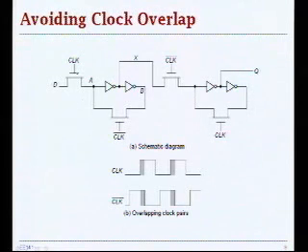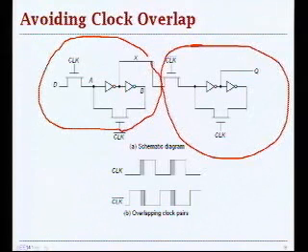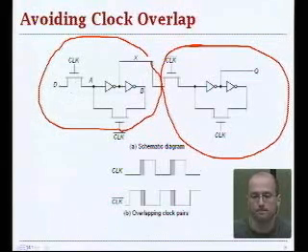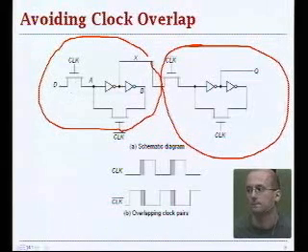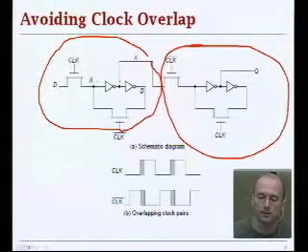So what happens over here is, let's first analyze this. We have a master stage over here, and then we have a slave stage. Is this a positive or negative latch over here? What is the value of clock in which you sample input data?